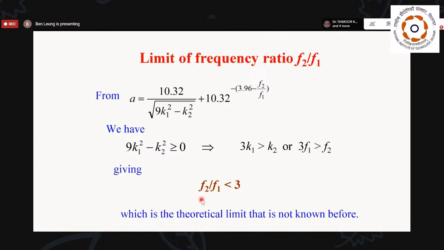So it is very important to know this limit so that we will not waste our time doing something meaningless. If we try to use a rectangular DRA to obtain two frequencies using TE111 and TE113 with a frequency ratio higher than 3, it is meaningless and just wastes his or her time.